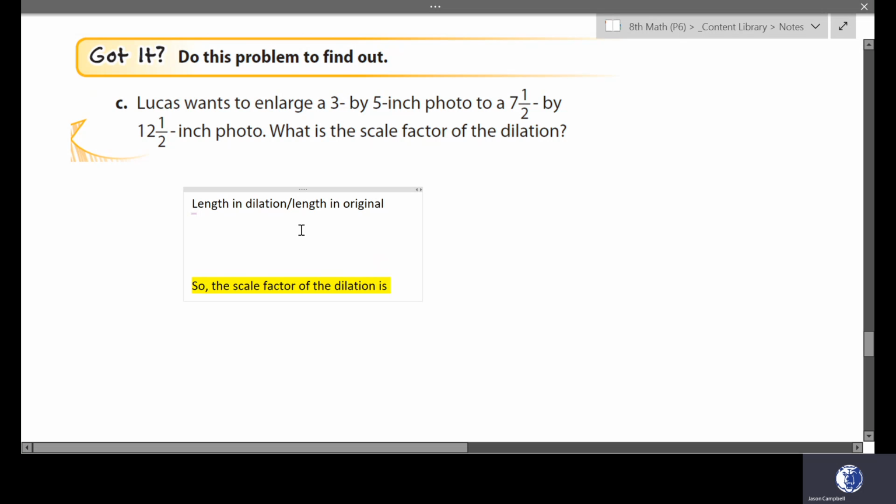So we'll do both. So in the dilation, the 3 was 7.5. So 7.5 over 3 is 2.5 times. In the dilation, the 5-inch side was 12.5. So 12.5 over 5 is also 2.5. So the scale factor of the dilation is 2.5.